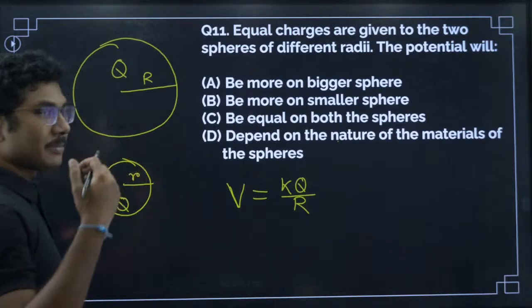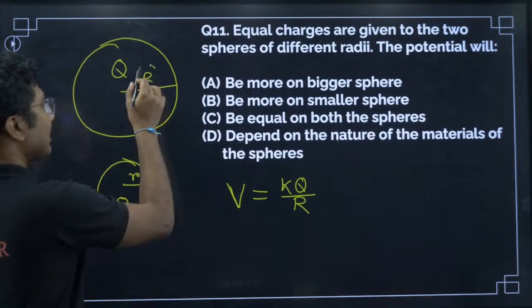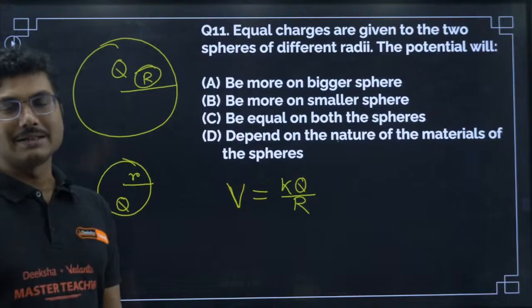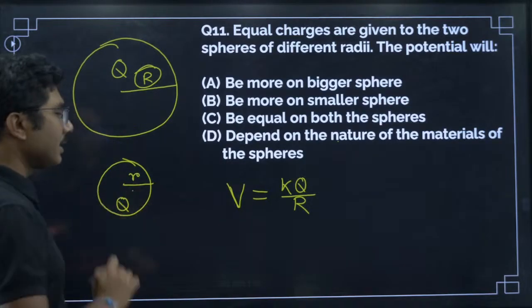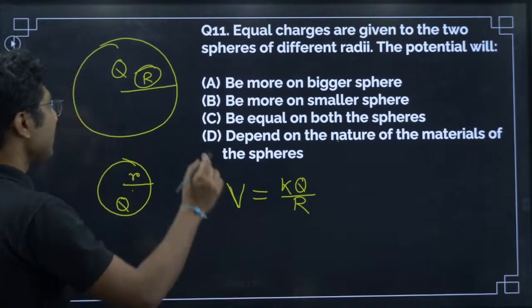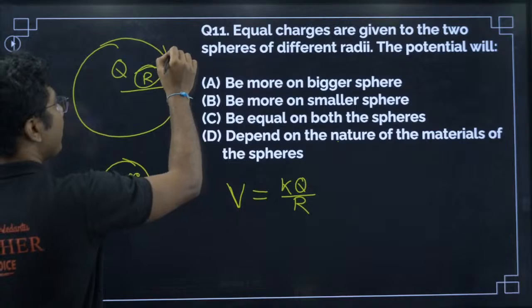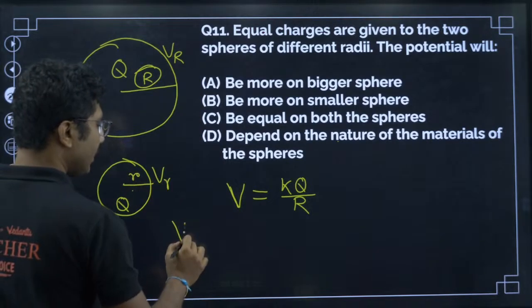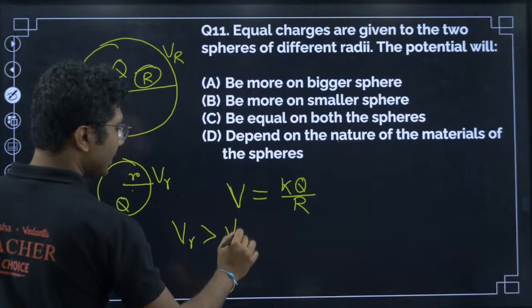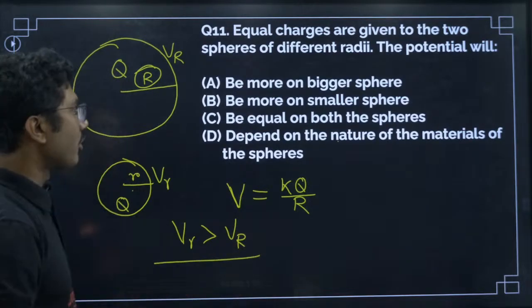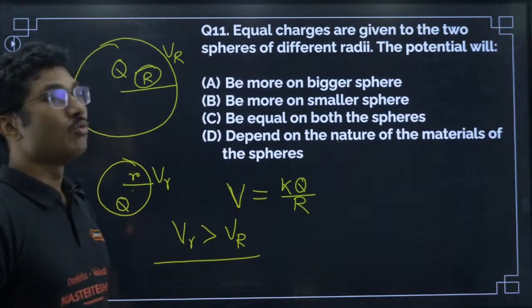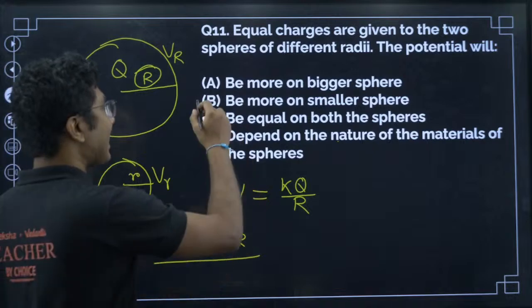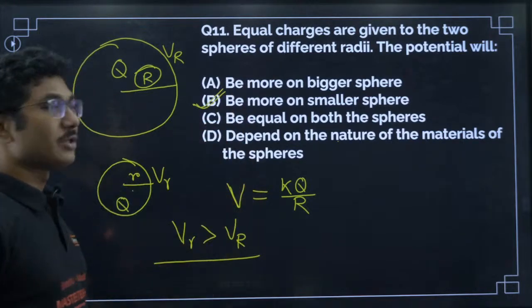So the higher the radius, the smaller is the potential; the smaller the radius, the higher is the potential. So this potential is definitely smaller than this potential. So V small r must be greater than V capital R. So from here we can say that it will be more for the smaller sphere than the bigger sphere. So option B is correct.